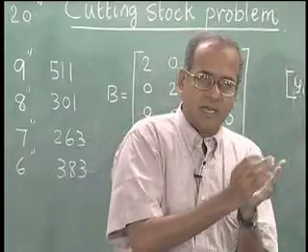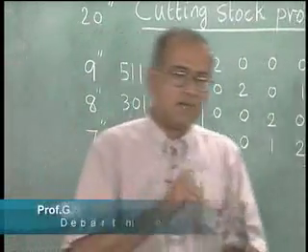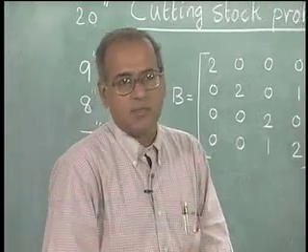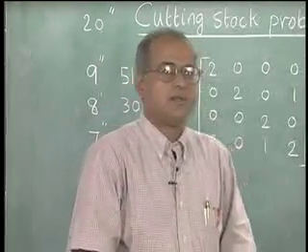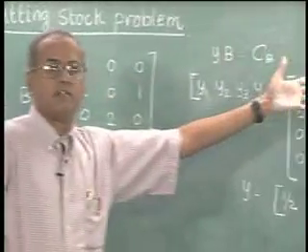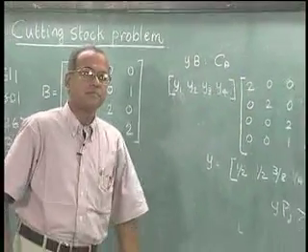So, it is very much like simplex, where we start with a basic feasible solution to the primal, check for dual feasibility, which means check for optimality of the primal, and if it is optimal, then take that solution as the final solution, which is what we did.